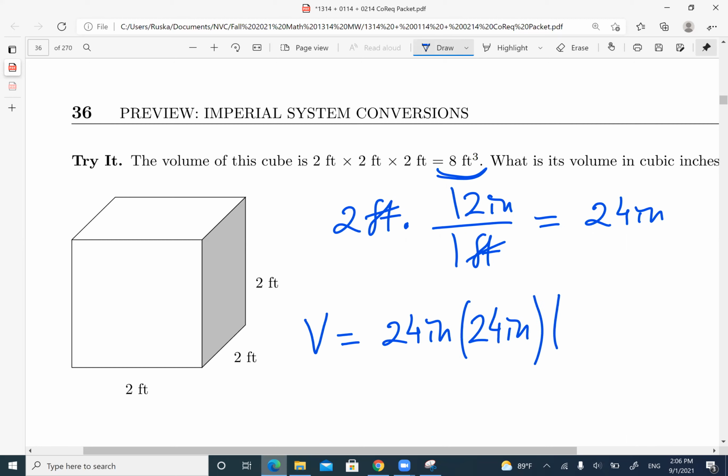So when I multiply those 24 times 24 times 24 inches, let's see, I got 13,000. Is that what you get? Yeah, 13,824 cubic inches. Okay, that's right. So any questions here?